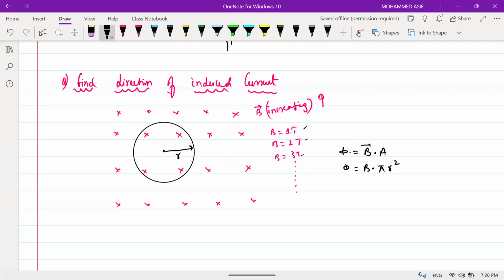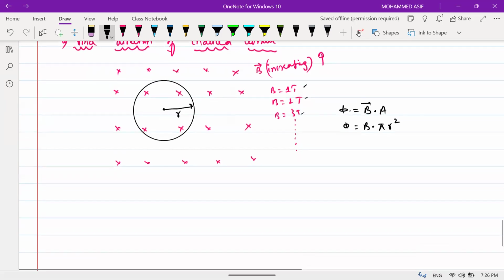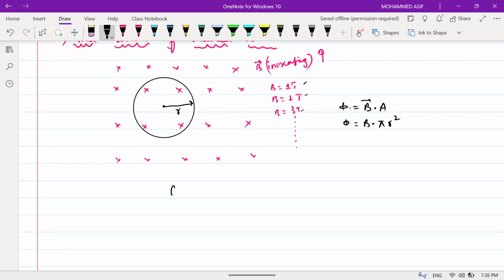The magnetic field is inward. Current will be produced in the coil in such a way that it opposes the increase in the magnetic field. I'm writing it down.